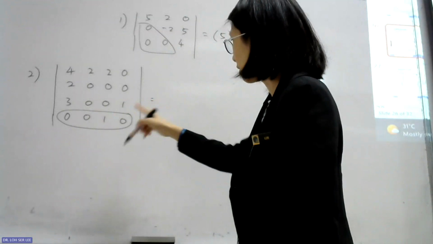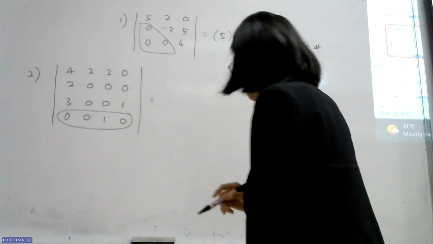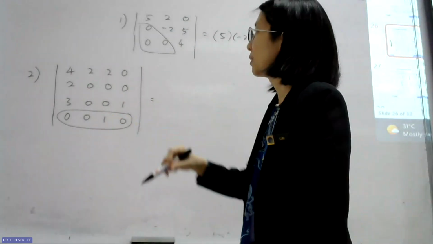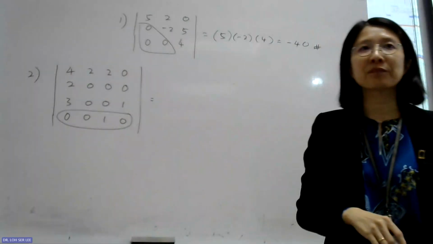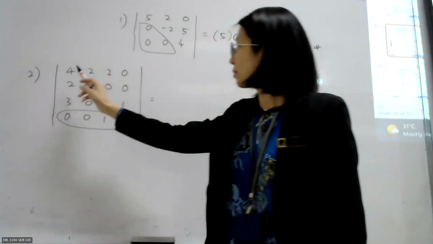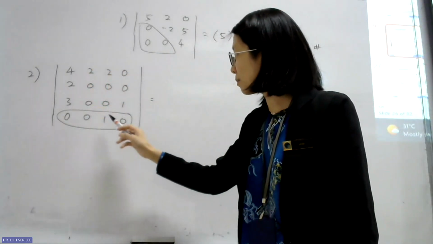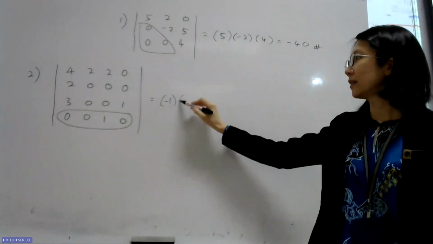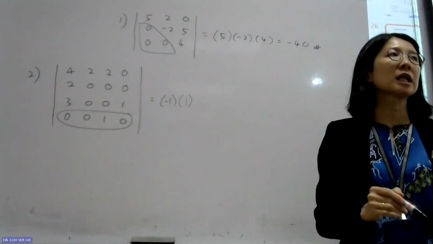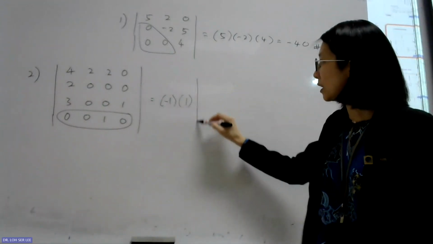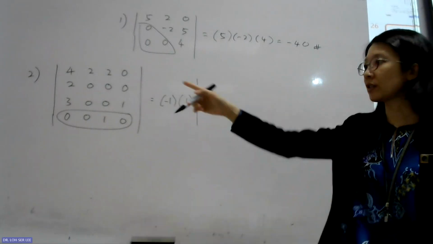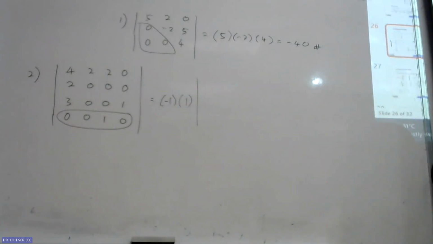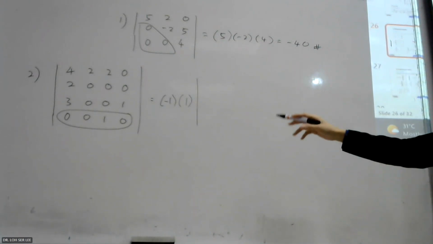So 0, 0, this one. The only non-zero entry is this. So the alternating signs: plus, minus, plus, minus, plus, minus. This is the alternating sign, this is the entry, and we have a minor. This is a 4 by 4 matrix, so the minor will be 3 by 3.